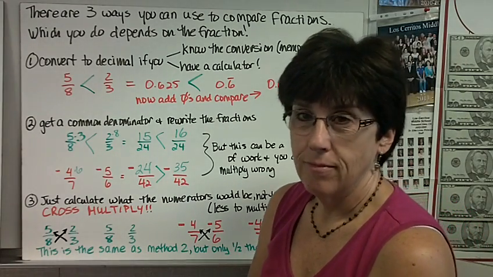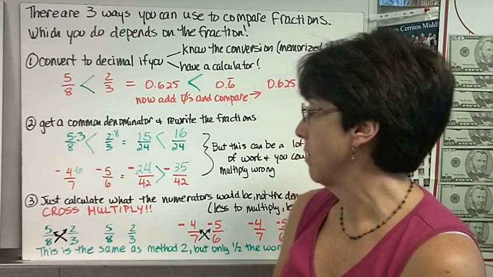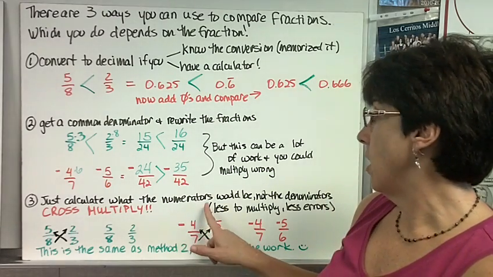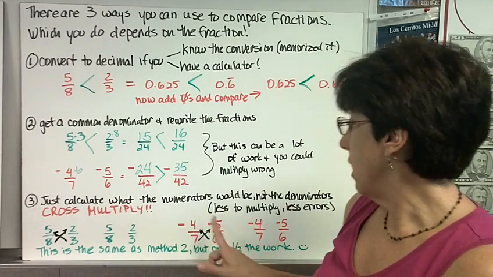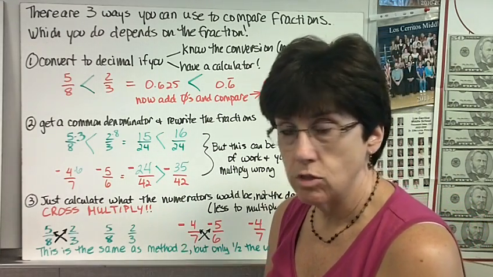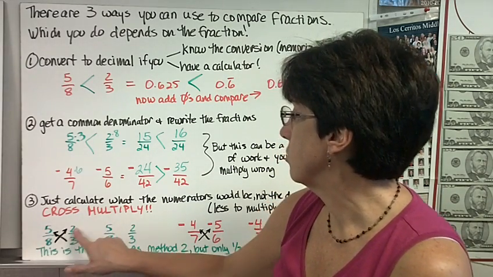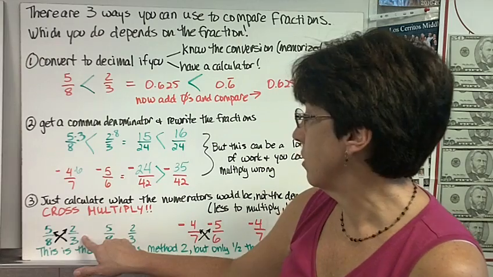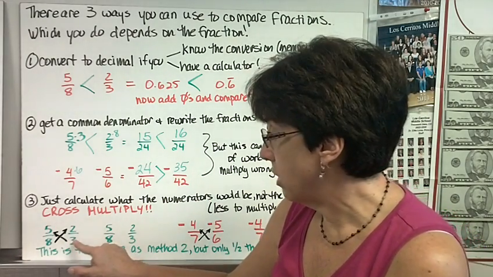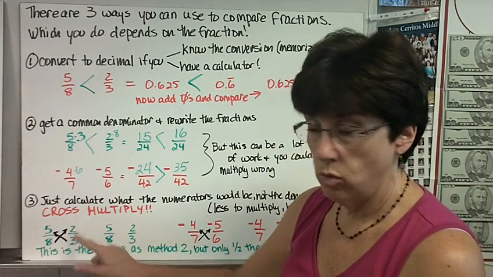All right, that could be a lot of work, and you might multiply wrong. So here's another method. We just calculate what the numerators would be, not the denominators. It's less to multiply, so you make fewer errors. You do this by cross multiplication. So here are the same problems again. 5/8 versus 2/3. Instead of converting completely, I'm just going to cross multiply the denominator of one diagonally to the numerator of the other.